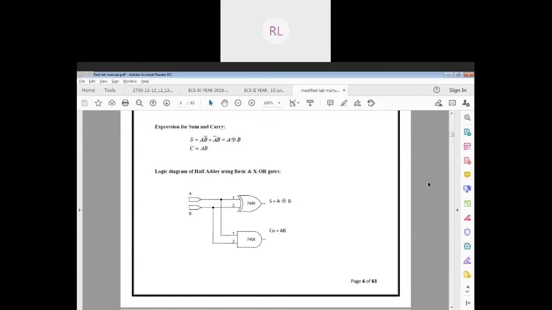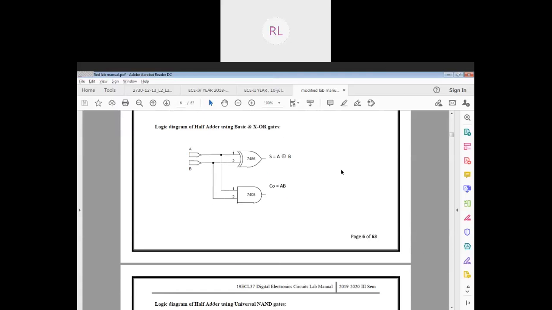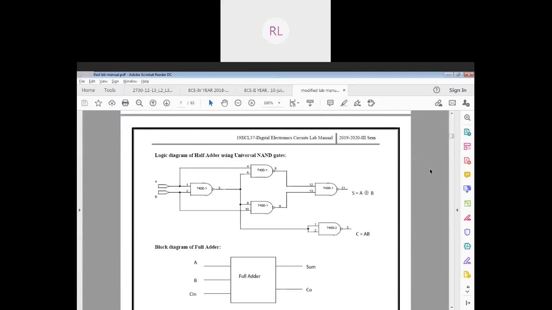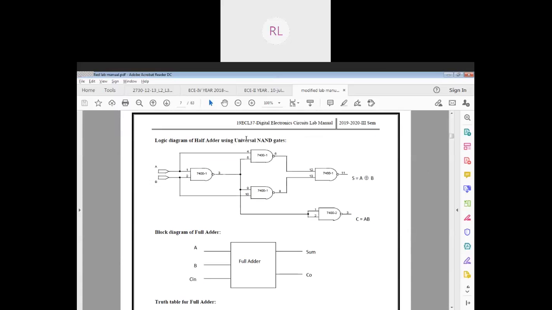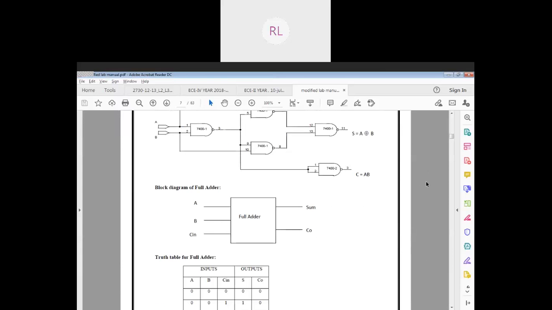You can actually convert this basic gate, the special purpose gate, to a basic gate. Which means you will be using an inverter for B bar implementation, and for A bar also you'll be using an inverter, and for multiplication you will be using an AND gate.